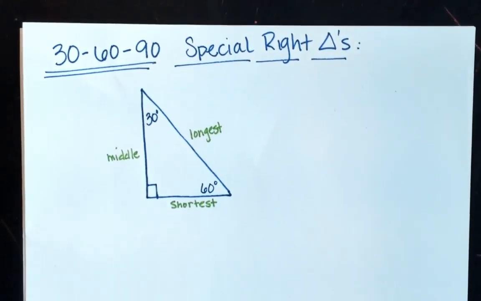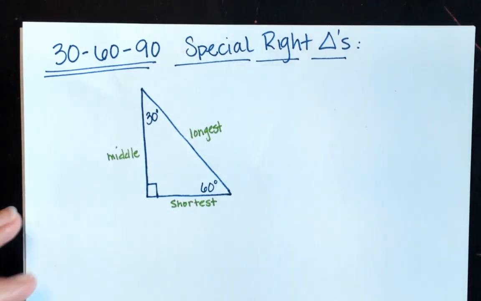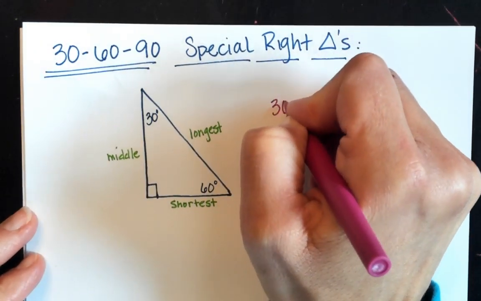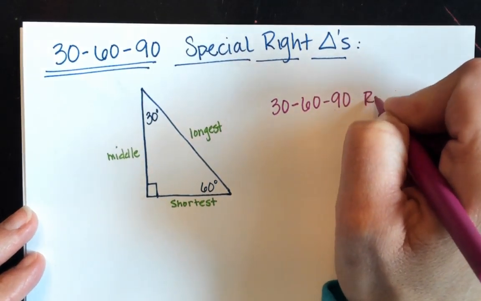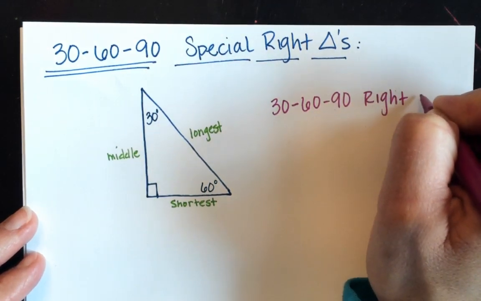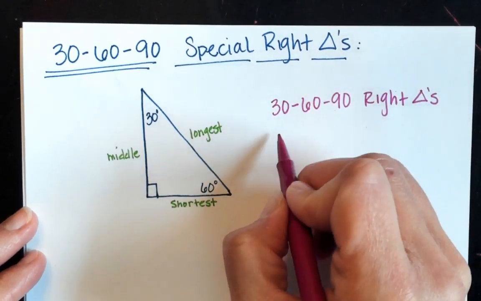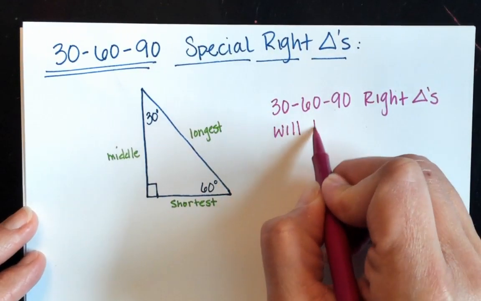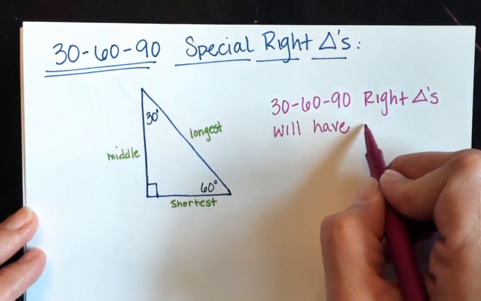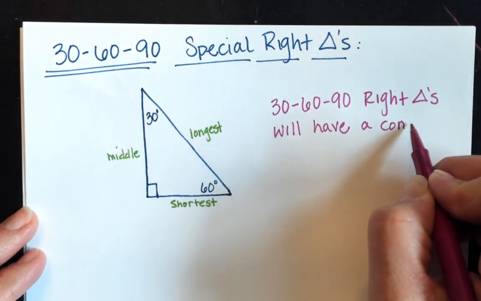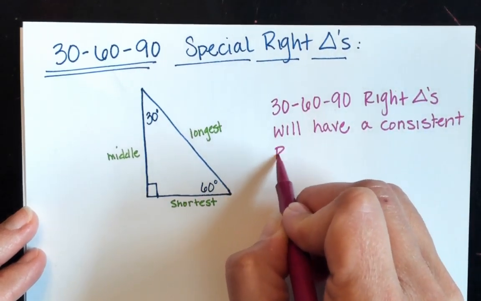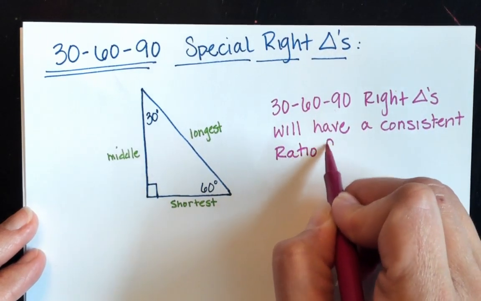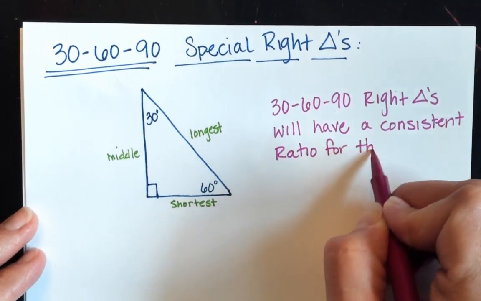And that's very important because our 30, 60, 90 right triangles will have a consistent ratio for the side lengths.